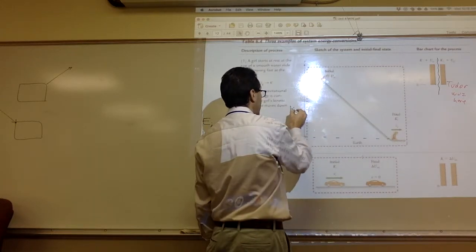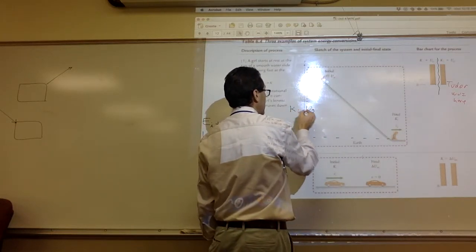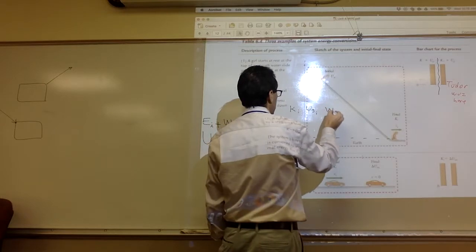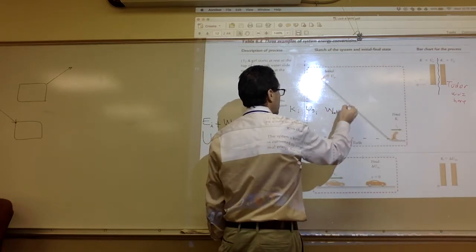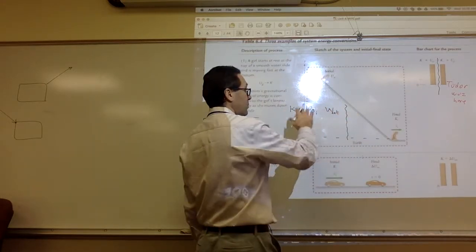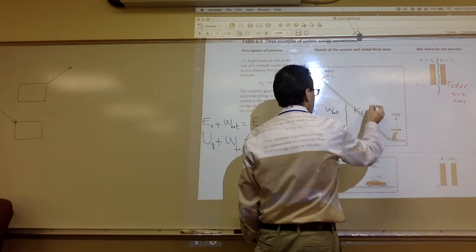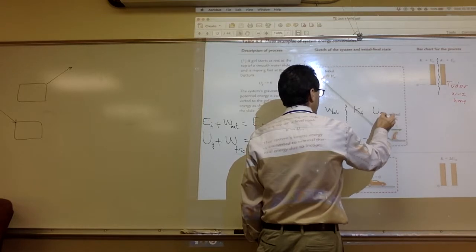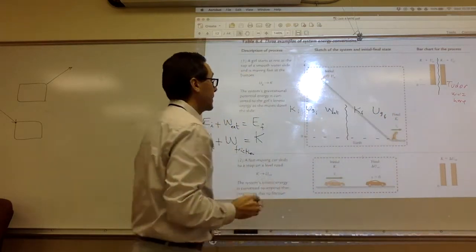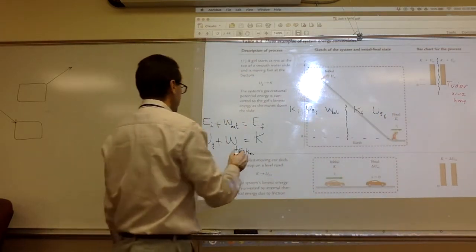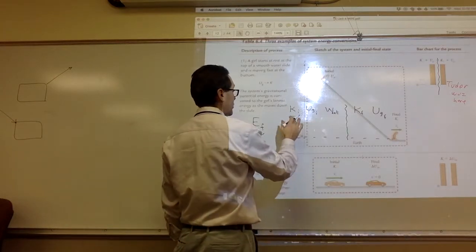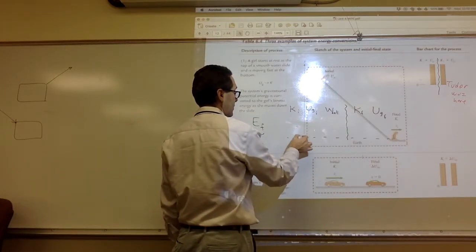So it would be K, U_G, this is all initial, maybe some work done by external agents. Now this is before the bottom. And then you have your K final, your gravitational potential energy final, and that's that. Okay, let's see what happens here. We start with no kinetic energy, so we have nothing here.